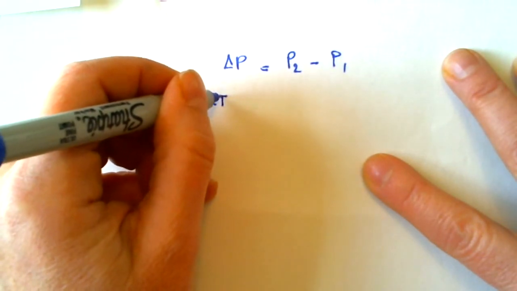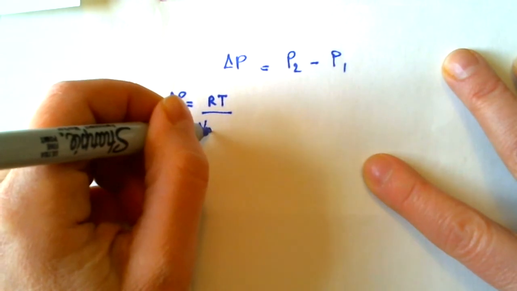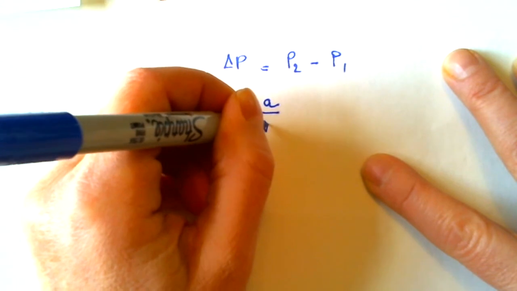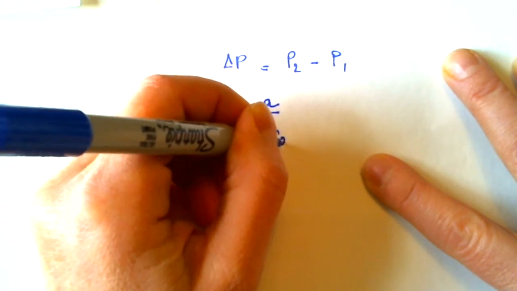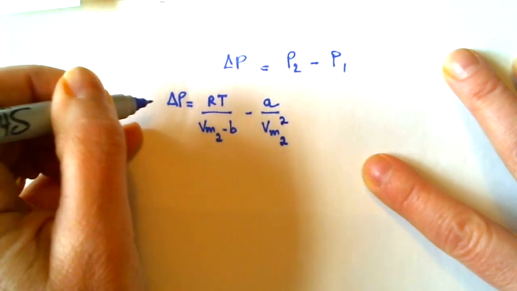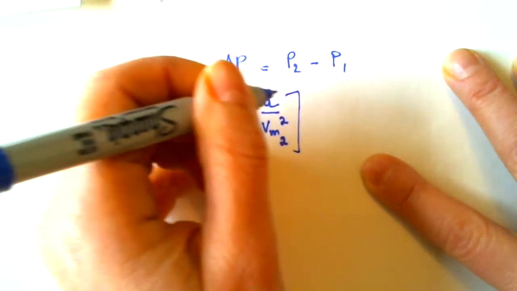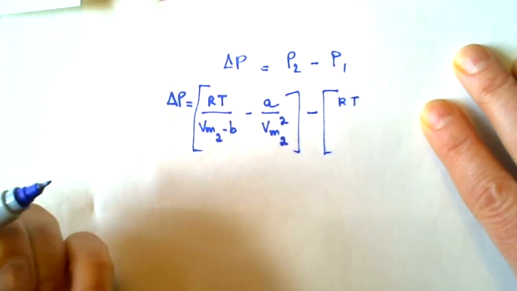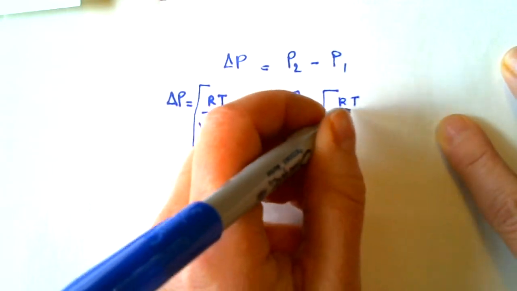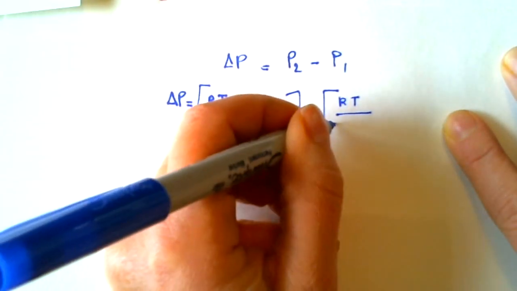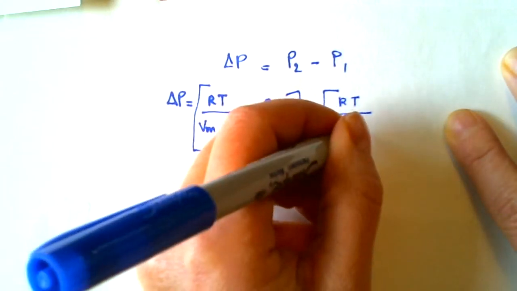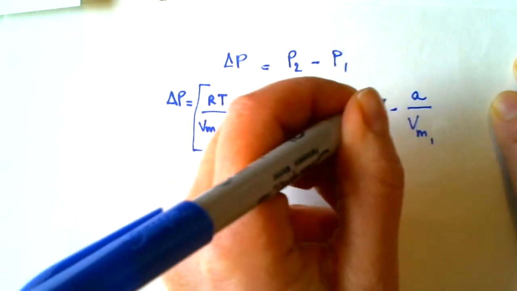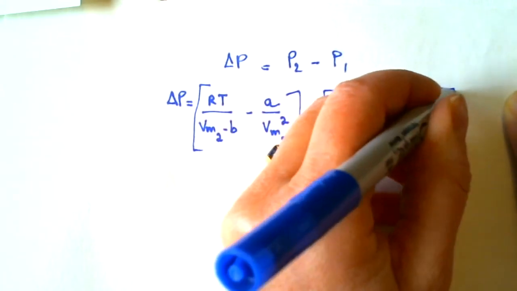So that's your RT over Vm2 minus B minus A over your molar volume Vm2 squared minus RT, I'm not putting T1 or T2 because T is constant, over your molar volume initial minus B minus A over molar volume initial squared.